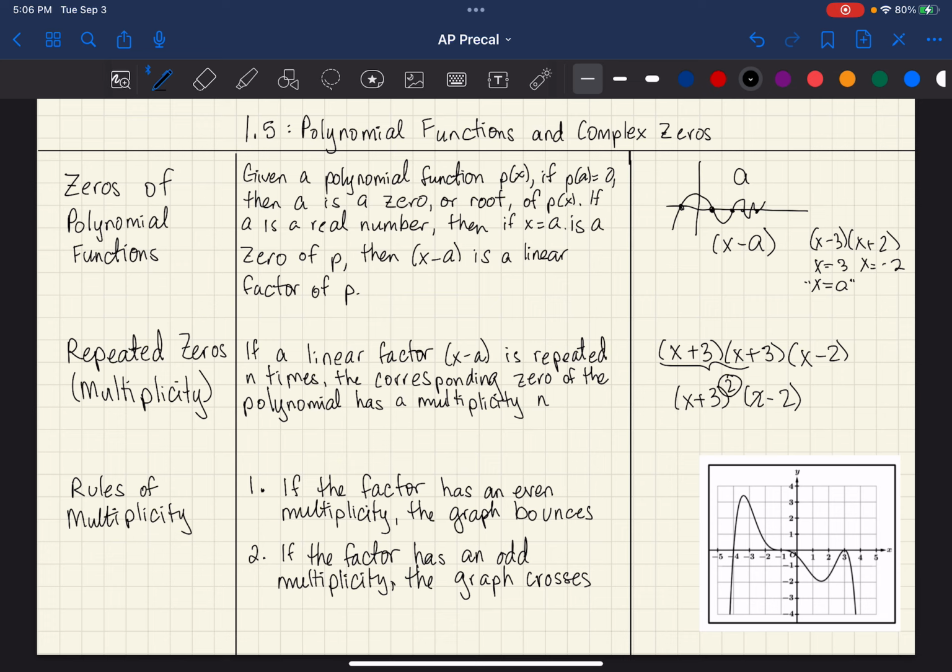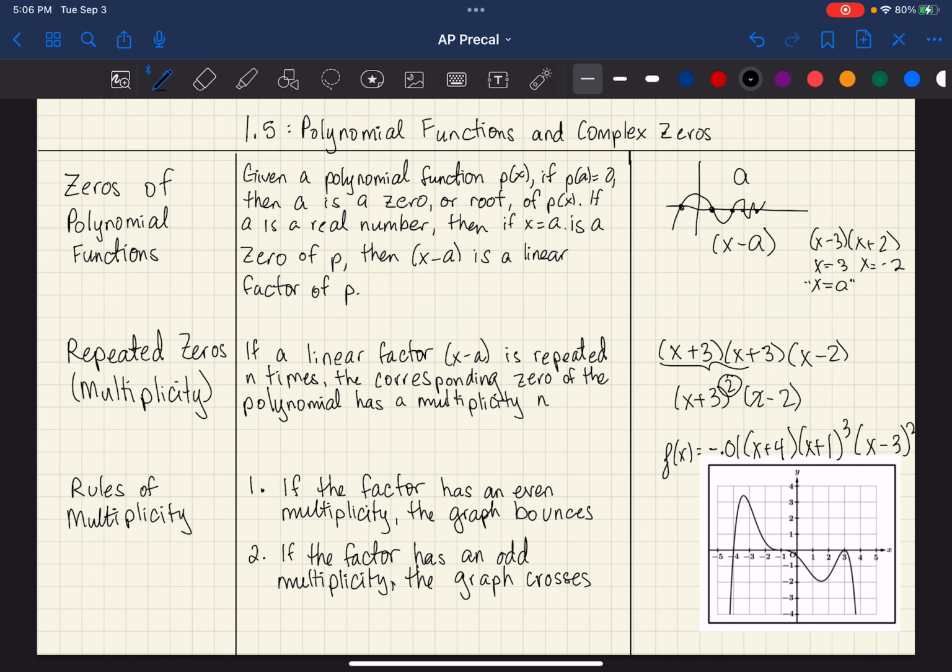But that means that there are special rules. So we have our rules of multiplicity. If the factor has an even multiplicity, the graph bounces. So if you're looking at this graph over here, we can see that there is a zero. This is actually the function f of x equals negative 0.01 times x plus 4, times x plus 1 cubed, times x minus 3 squared.